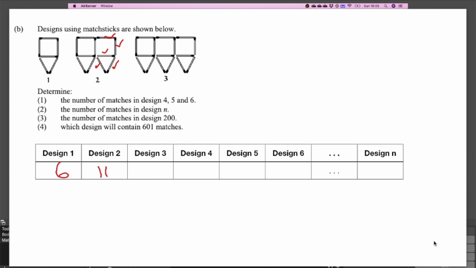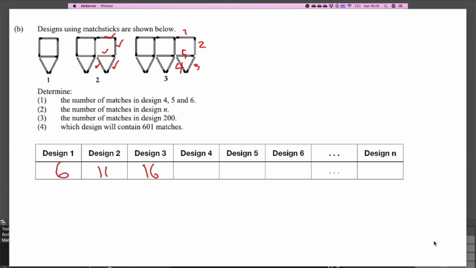If you check again in design 3, it is just another 5 that is added to whatever was there in design 2. So this is 1, 2, 3, 4, and 5. So we just added 5 more. And so the 5 is added to 11, which is why this one will be 16.